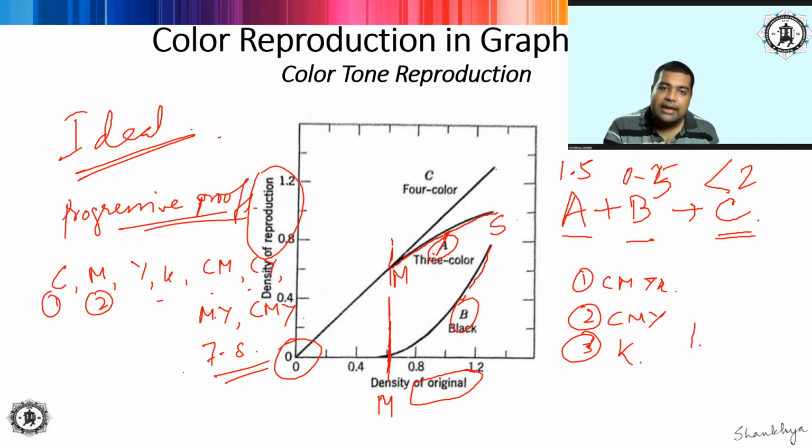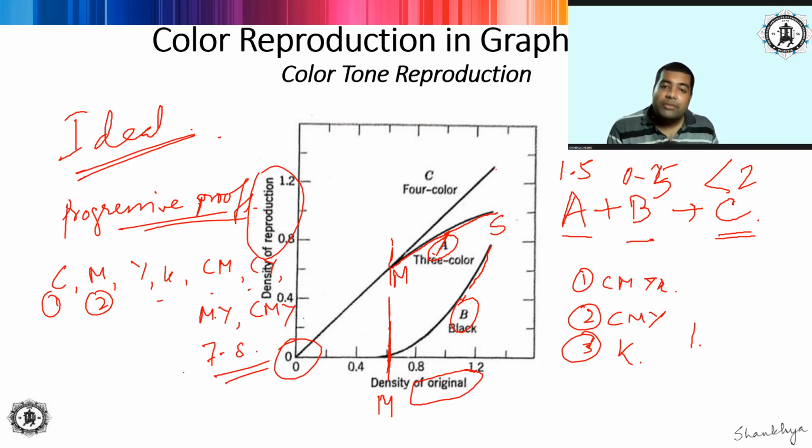And in the next slide, I will show you another plot which is a more realistic plot where you will see that the tone response curves are starting not from 0th density, but from a density greater than 0. This means that we are unable to print that 0 to maybe 5% dot or 0 to 0.2 density range, and only after that density range, whatever dot percentage comes after that, from that we are able to print.